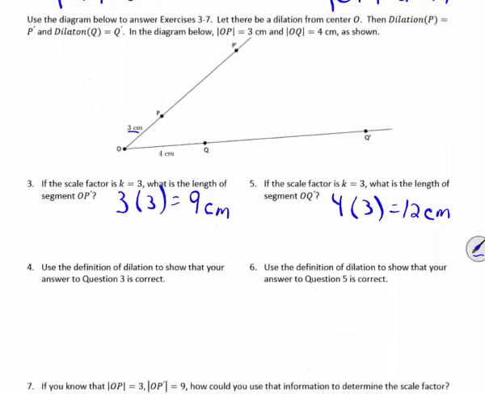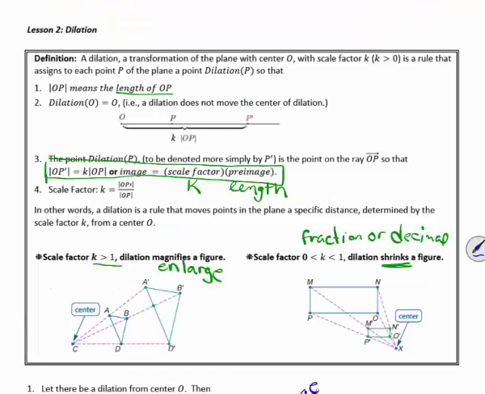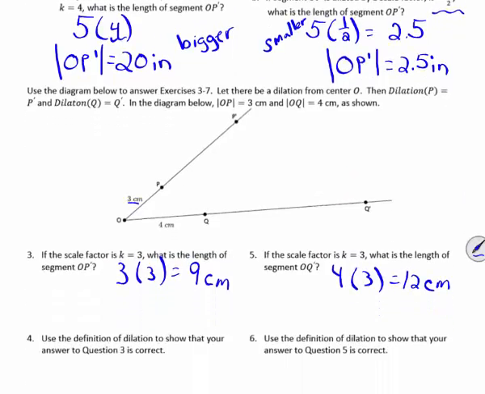All right, let's see what's going on here. Use the definition of a dilation to show that your answer to question 3 is correct. Well, our definition for dilation, if we go back here, is that the dilation does not move the center, and the scale factor is, we're going to use this one actually, the scale factor is OP prime over OP. So I'm going to just double check my math.